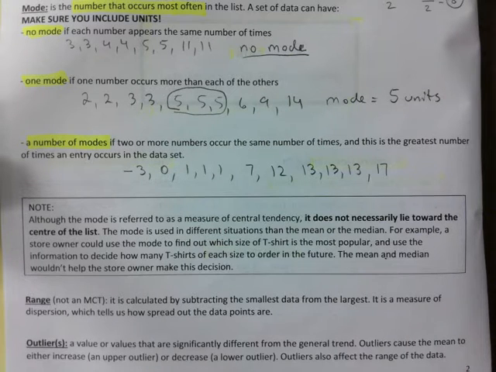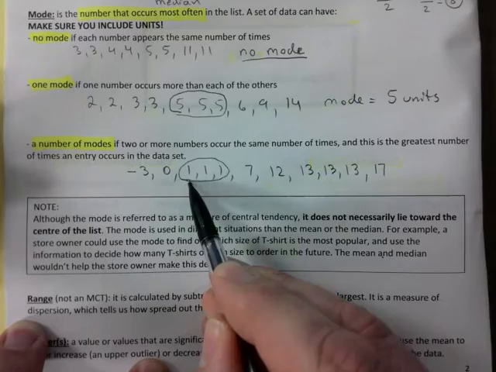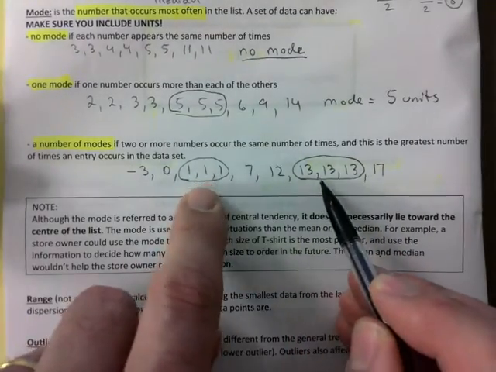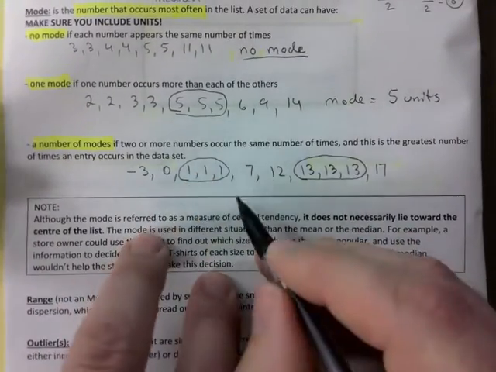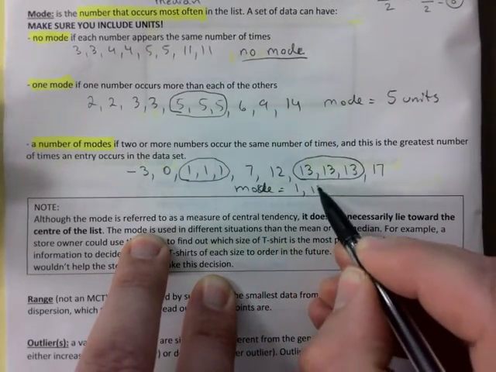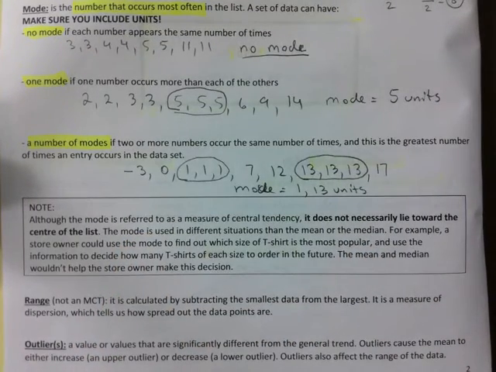Our calculators are going to arrange for us, so that's kind of nice. You scan this and you see that 1 shows up 3 times here, and so does the 13. So you have 2 that are definitely standing out. In this case, there's a tie between them. So the mode here would be 1 and 13 units, separated by a comma. And there could be more. If you had another set of values show up 3 times, then there's a 3-way tie, and all those would be considered modes.